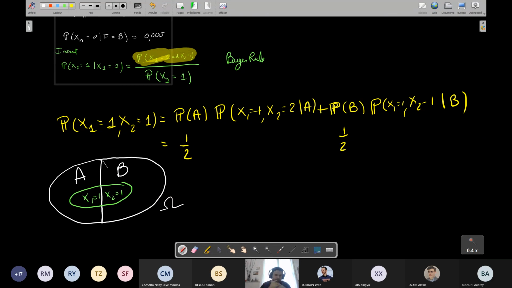I know that from factory A, 99% of them are working, so it's 0.99 squared. Plus, in B I have the probability 0.995 squared, so here is times 0.995 squared. And that's the numerator, and the denominator is a similar computation.